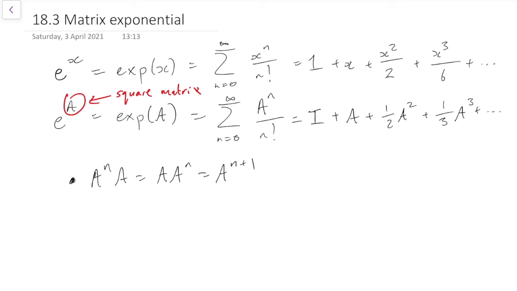So that means that for a matrix A and its exponential, it doesn't actually matter which way round you write them, because you bring it inside the sum and all those things are just A to a slightly different power. So it is true that A e to the A and e to the A A are the same, even though when multiplying matrices normally the order matters, but here the order doesn't matter. That will be important in just a moment.